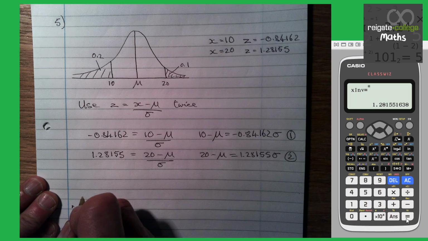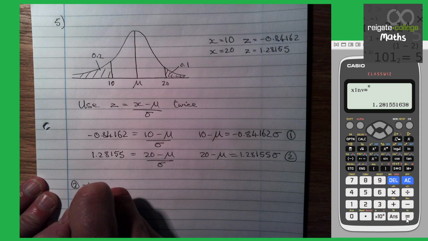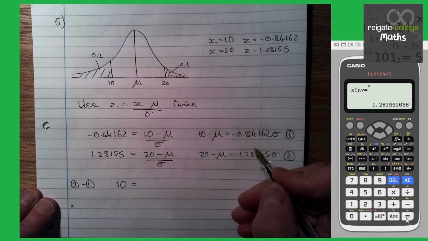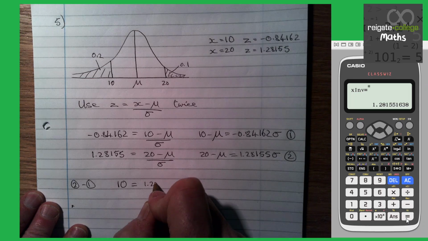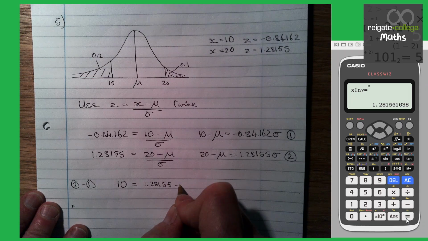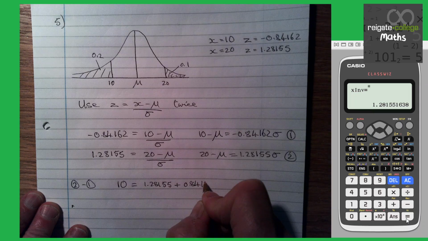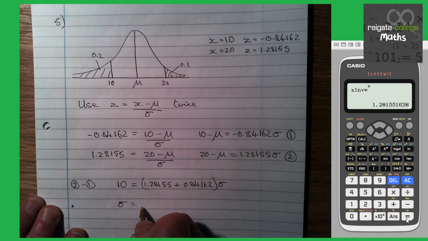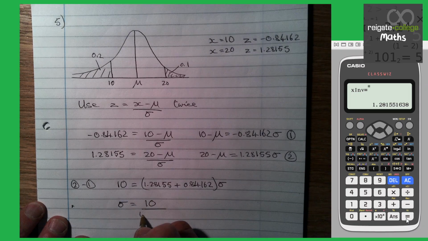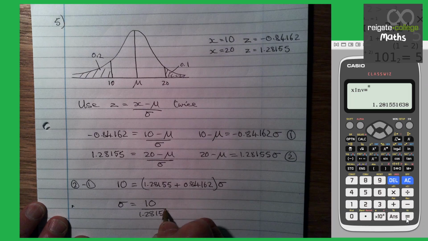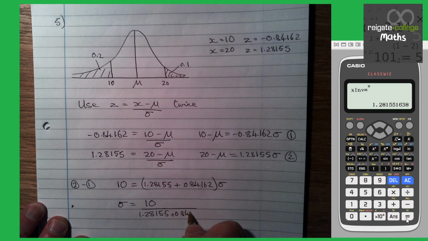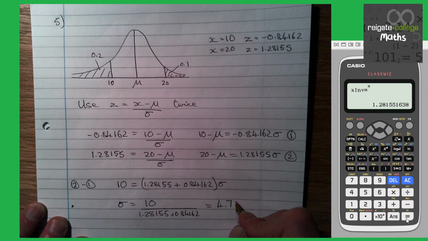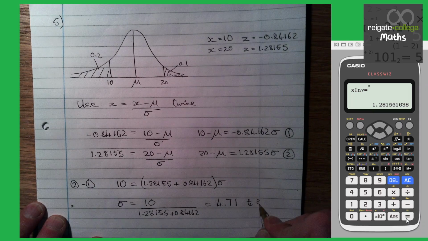So 20 minus 10 is 10, which is equal to 1.28155 plus 0.84162, all times sigma. So sigma is equal to 10 over 1.28155 plus 0.84162, and that comes out to 4.71 to 3 significant figures.